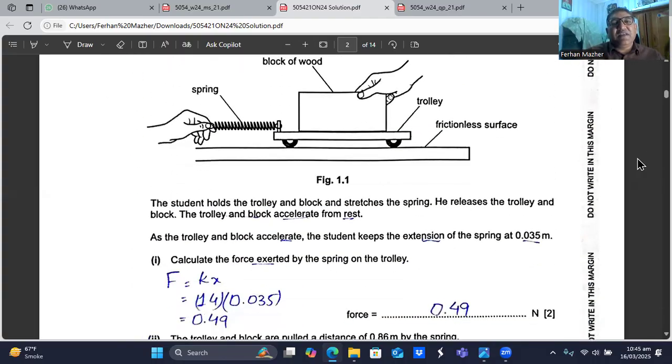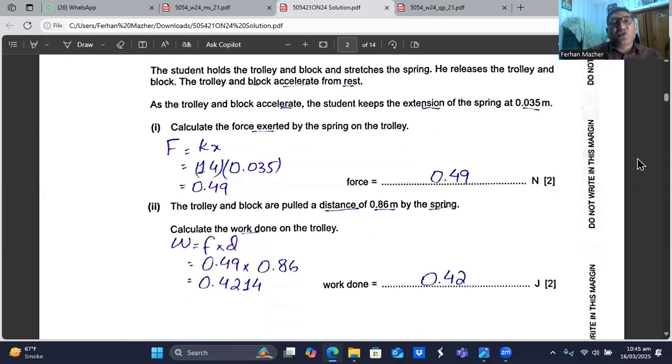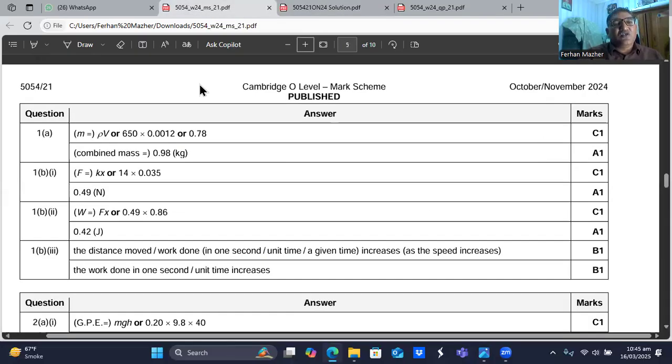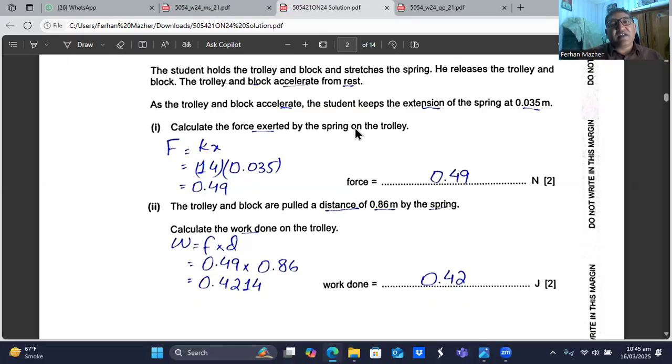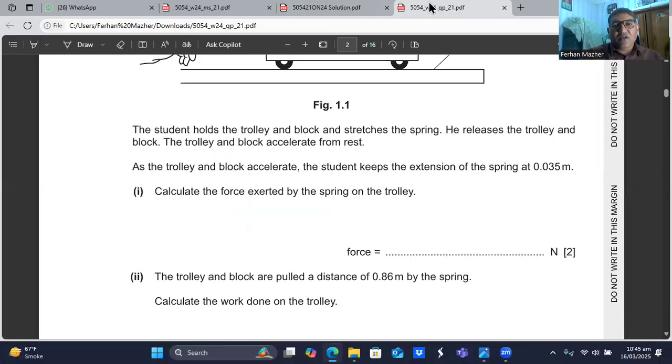So F is 14 multiplied by the extension 0.035 meter, and when you multiply 14 with 0.035, you get 0.49. So the force is 0.49 Newton. Our answer is right.